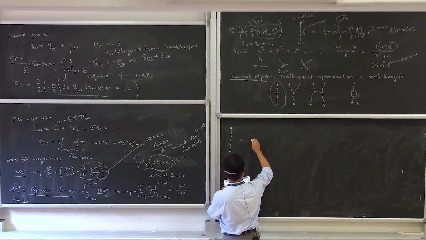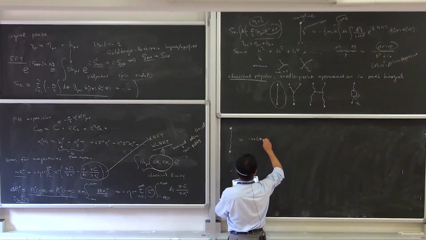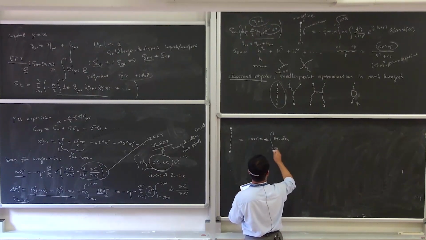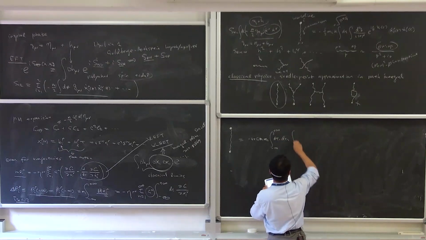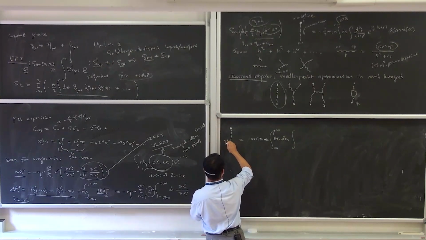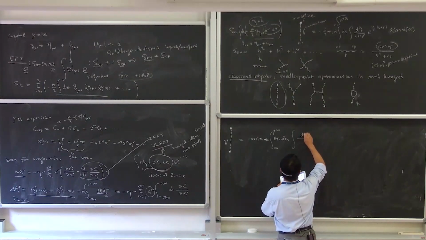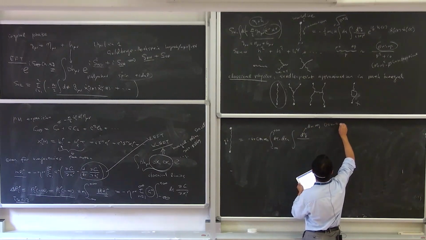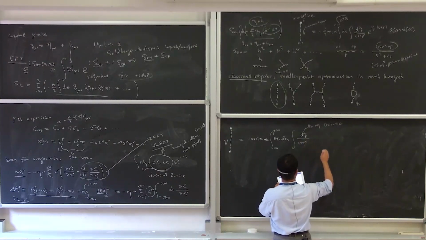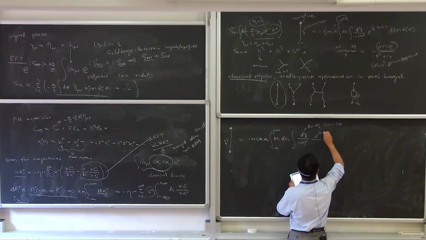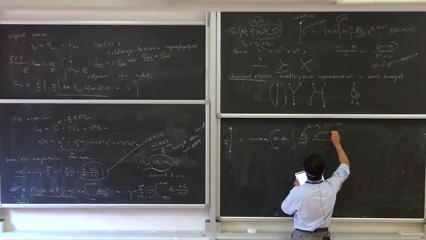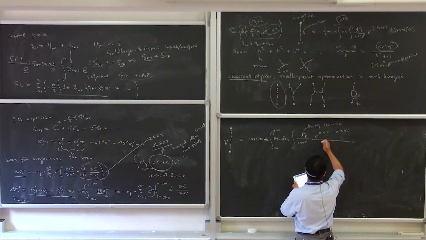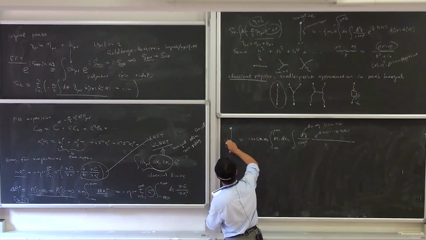This gives particles one and two, with tau integrated from minus infinity to plus infinity, and this is a Q. We use, sorry, use K, Q.